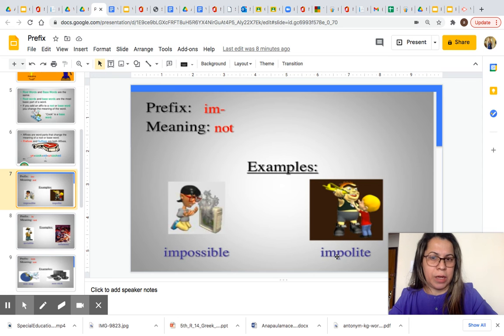If we add the prefix "im" to polite, what does it mean? Impolite means that someone is not polite. Look at this boy. He is trying to grab something from his hands. Therefore, this boy is impolite.